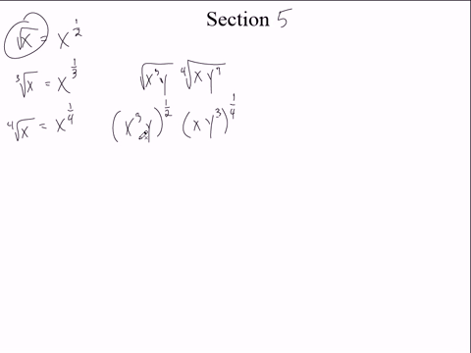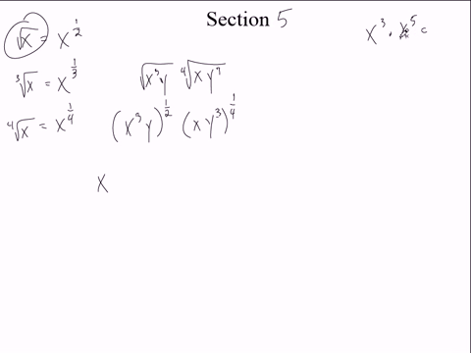But we're not going to multiply them yet. Let's simplify this parentheses. It's being taken to the 1/2 power, so I'm going to take everything in here to the 1/2. What's the rule? Do you remember the rule? We talked about this yesterday. What if you had x cubed times x to the 5th?